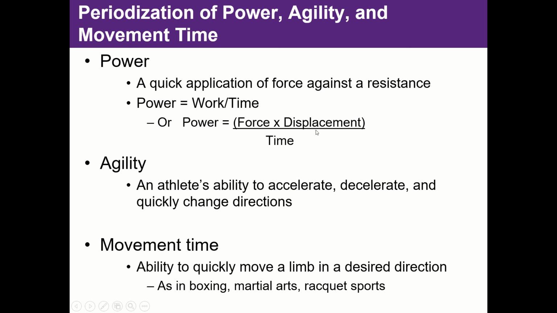If we're thinking about lifting weights, the force is how much weight you're lifting, and displacement is how far it's moving. So if you do a squat, maybe the bar moves 24 inches and you're lifting 200 pounds, and then you divide that by time and that gives you your power, right? But again, the easiest way to conceptualize powerful movements is that they occur fast.